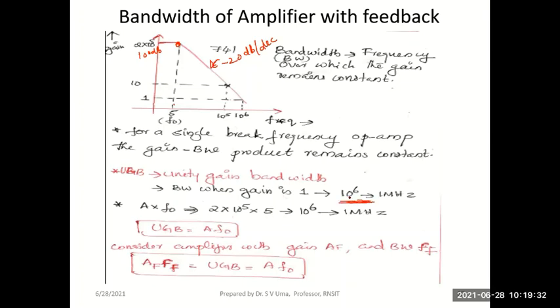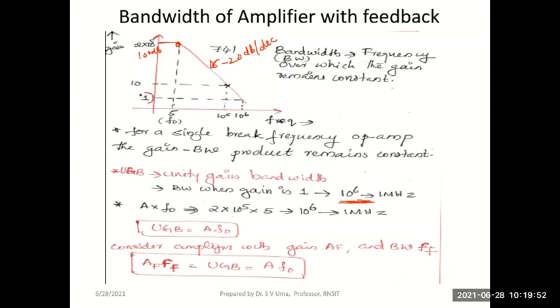Okay. UGB or unity gain bandwidth product, the definition is it represents the bandwidth of the circuit when the gain is 1, or the bandwidth of the op-amp when the gain is 1. So when is the gain 1?